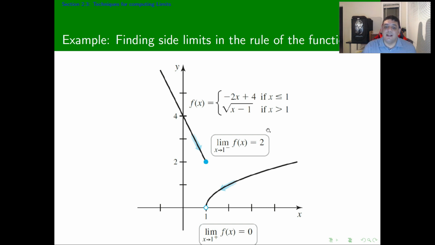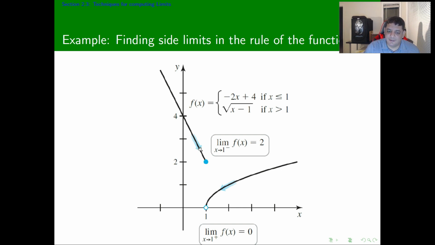Now, let's take a look at what the limit is in each of the cases. Notice that clearly, because you can see from the graph, when we're approaching 1 from the left side, the limit of f of x is 2. You can see it from the graph, but you can also check it when you're approaching 1.